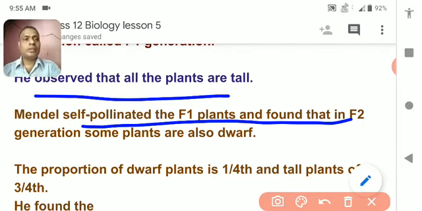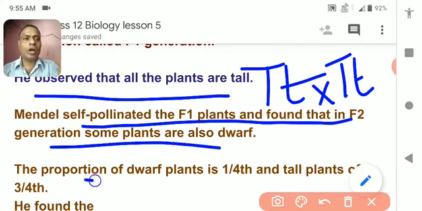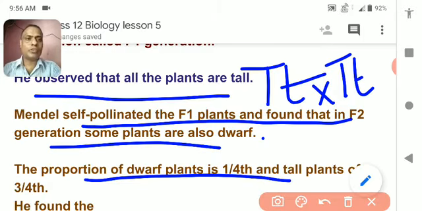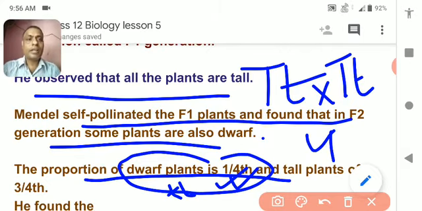He allowed the F1 plants to cross together by self-pollination, and he got 1/4 of the plants dwarf, meaning out of four different plants, one is dwarf, small t, and 3/4 are tall.